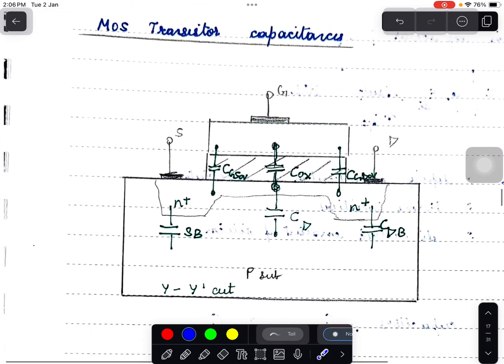So in this diagram we can see the capacitances which I explained, that is the COX capacitance, CD capacitance, gate to source overlap capacitance, gate to drain overlap capacitance, and then the source to bulk capacitance and the drain to bulk capacitance.